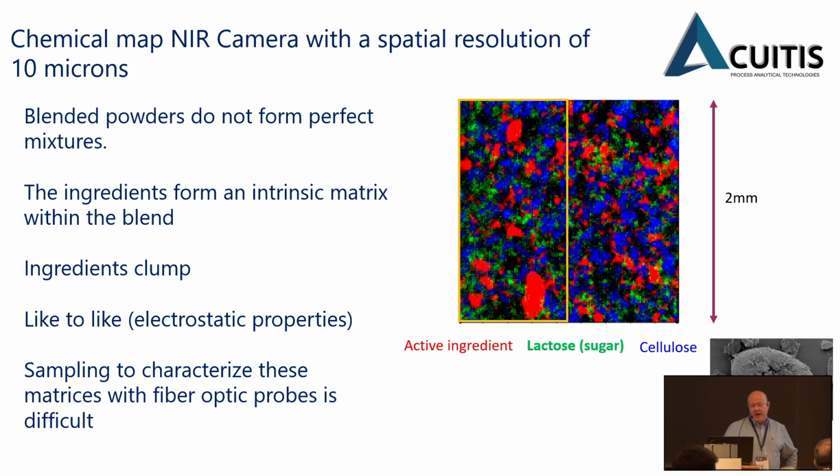Within blends, we have some intrinsic material properties where the API likes to associate with some of the excipients selectively, and materials like to clump and make formations within the blend that are difficult aggregates to break up and can affect our final dosage form performance.